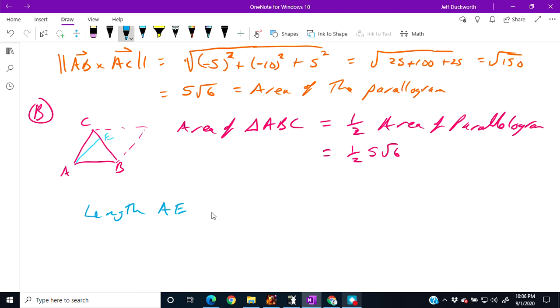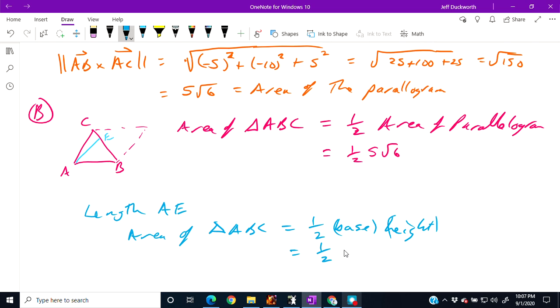And note that the area of the triangle ABC is equal to 1/2 base times height, which equals 1/2.